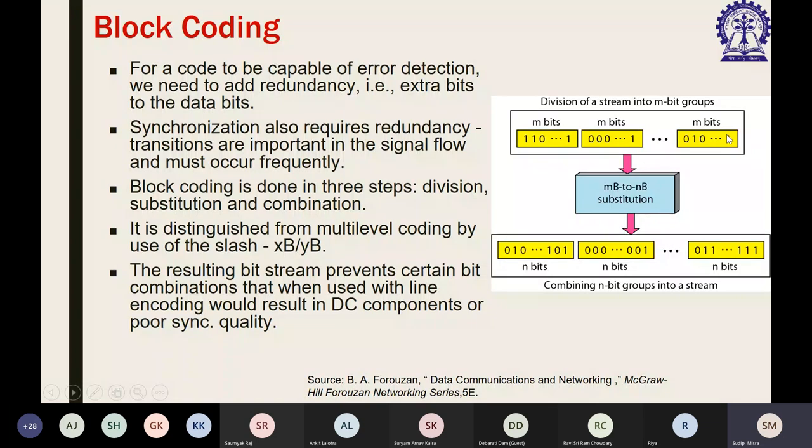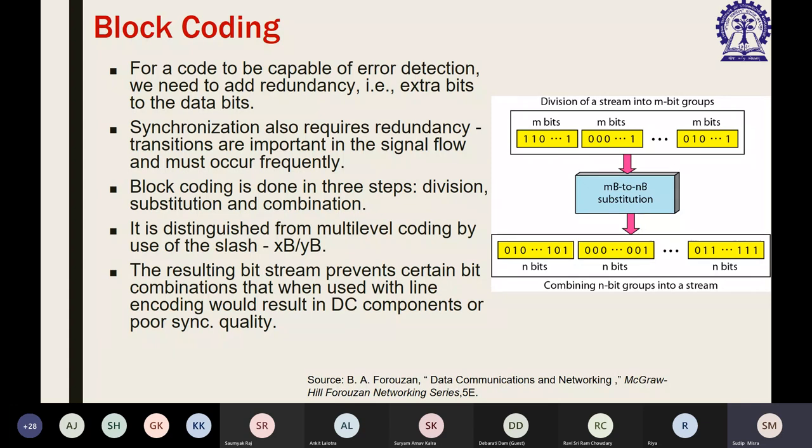After that comes the substitution process. In the substitution process, you take each of the m bits and you substitute it with n bits. That means that you are adding some redundant bits in a certain way.